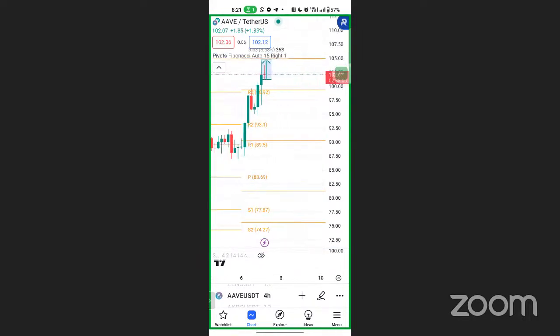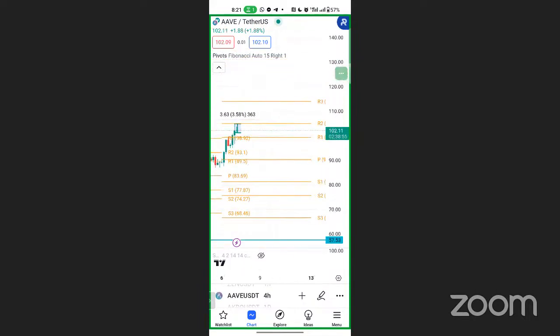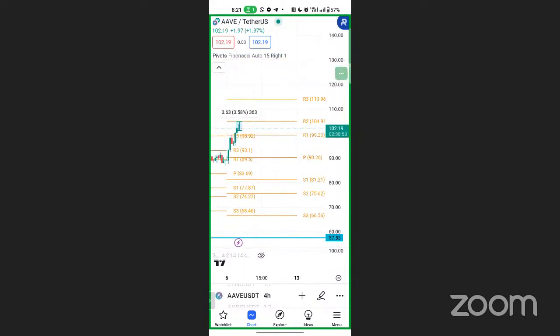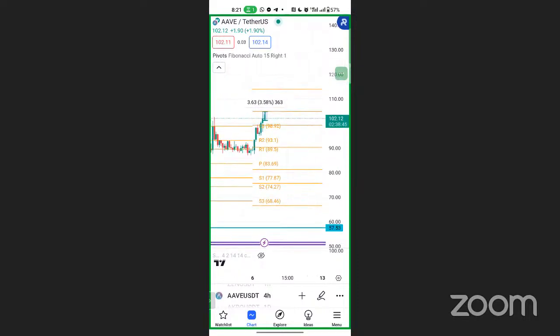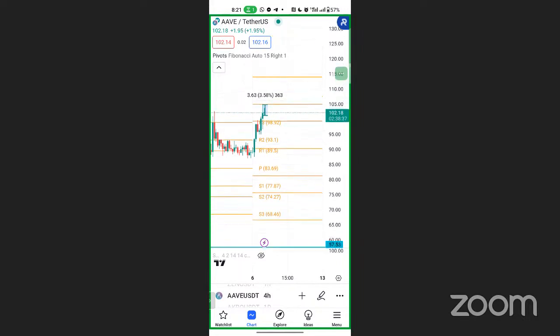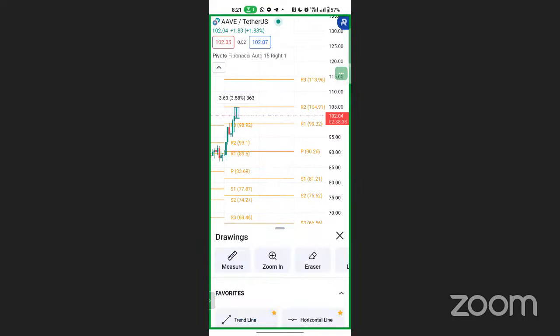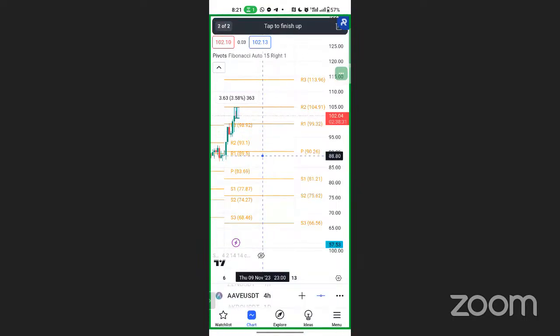So I'm dealing with, in this example, to make my life easier, the pivot point is here.